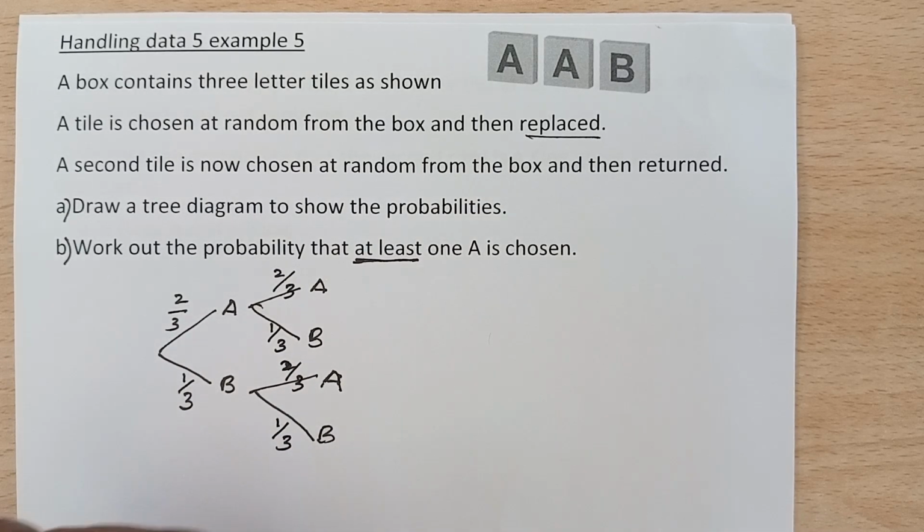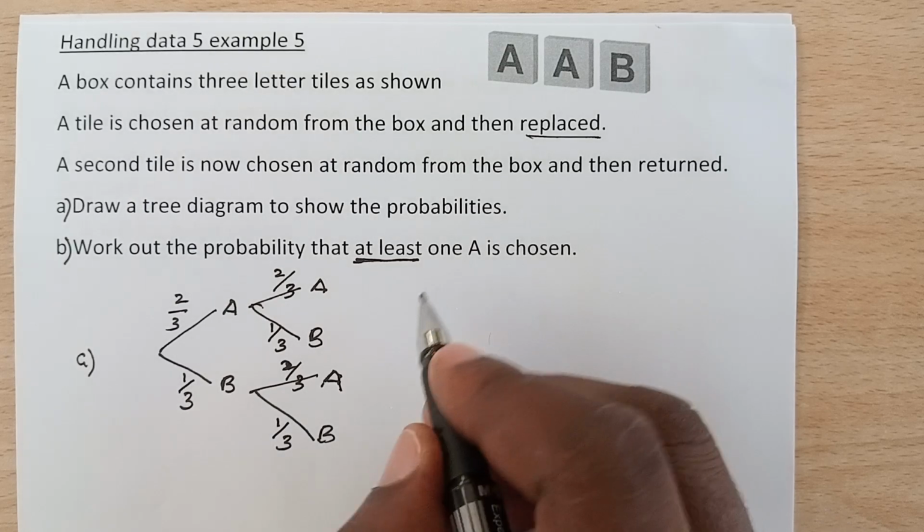Now that is our tree diagram and that is part A of our question. Replaced means the items are not disturbed. They are exactly the way they are because we returned what we picked.